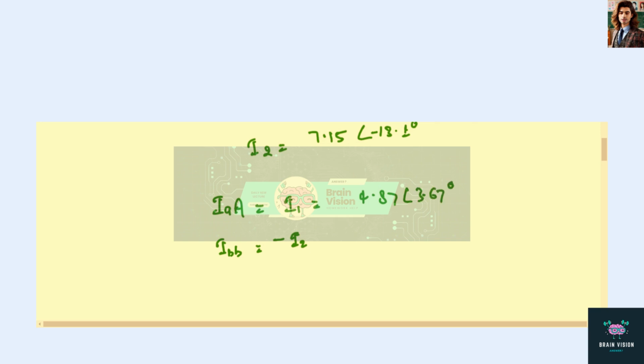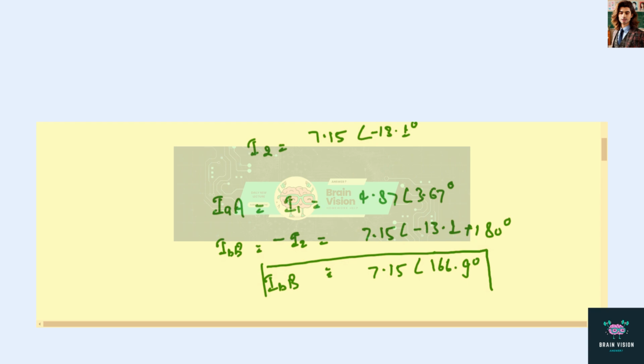The value of I2 is 7.15 angle minus 13.1 degrees, and to get minus I2 I add 180 degrees. So the final value of I_BB', this is capital B, will be 7.15 angle 166.9 degrees. This is the value of I_BB', and this is the value of I_AA'.